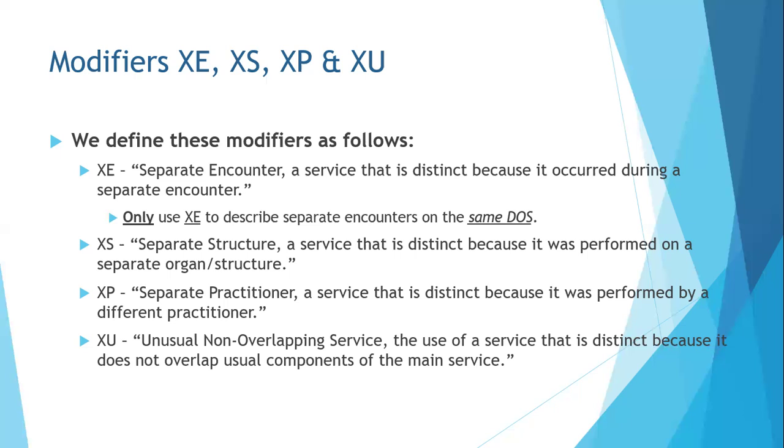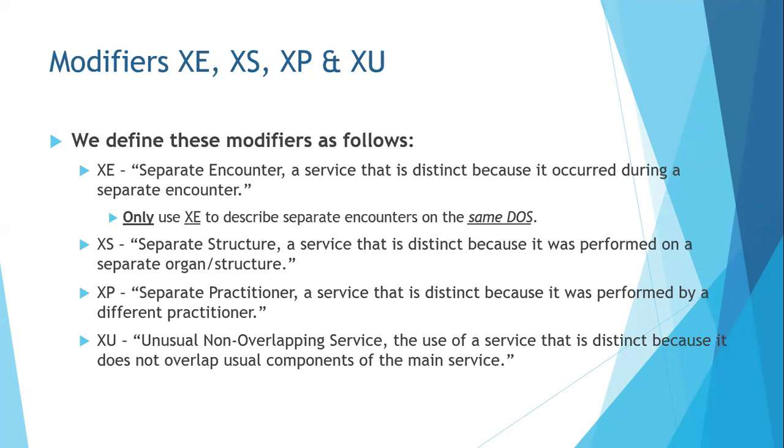Then we have our XS modifier. That is separate structure. So that can be a different organ. It could be a different limb. It could be a hip and an ankle. It could be a wrist and a shoulder, separate structure. Okay. It could be a heart and a lung. It could be a stomach and a gallbladder. They're performing procedures on a different area.